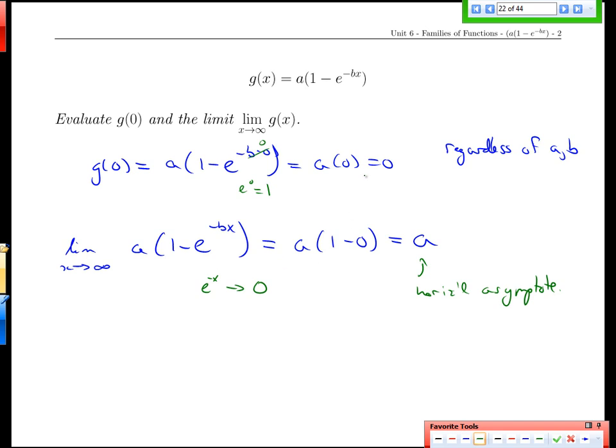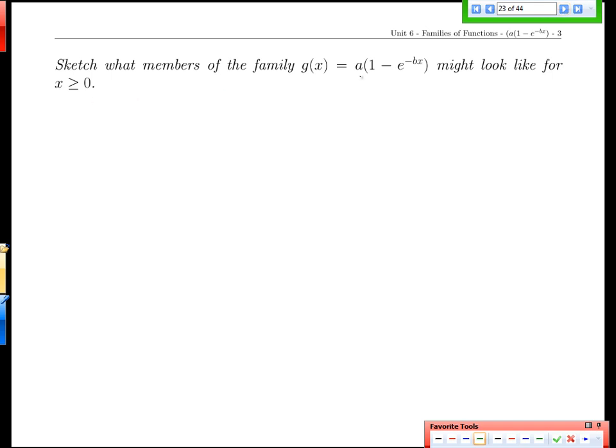Okay, so we know all g of x functions go through 0, 0. All g of x functions have a horizontal asymptote, but the height of the asymptote depends on the value of a. And we also know facts about its increasing and decreasing. So what might these look like? Let's just sketch them for positive x's.